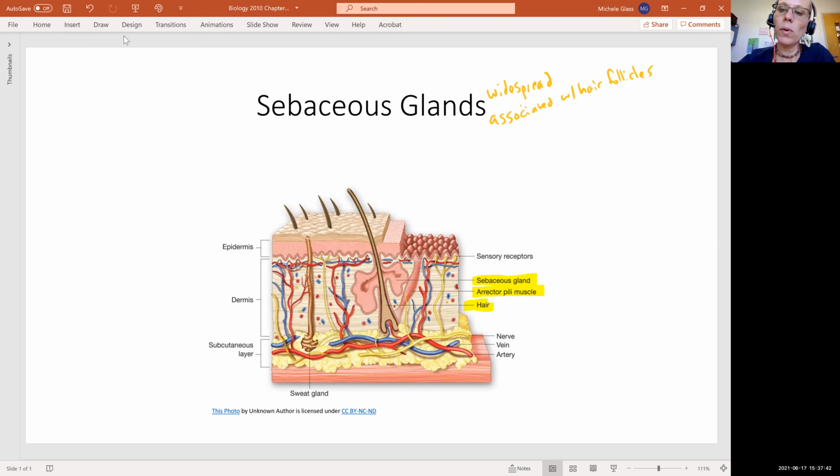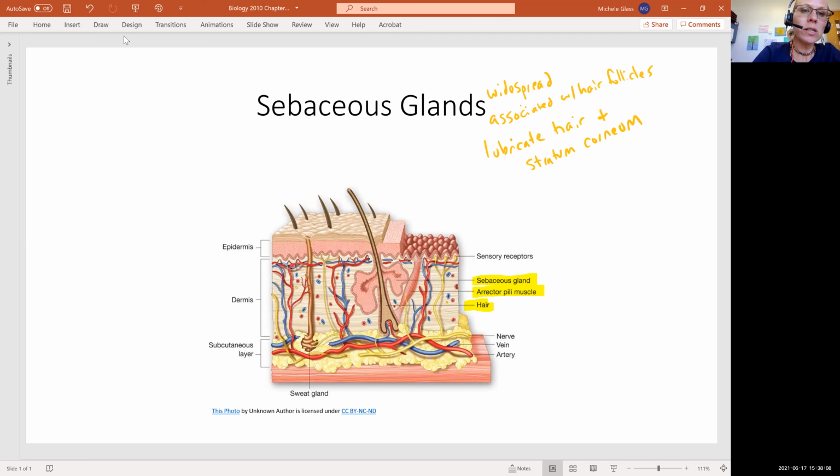And they're important in lubricating hair and stratum corneum, which is helping to prevent that otherwise dry, highly keratinized tissue from cracking.